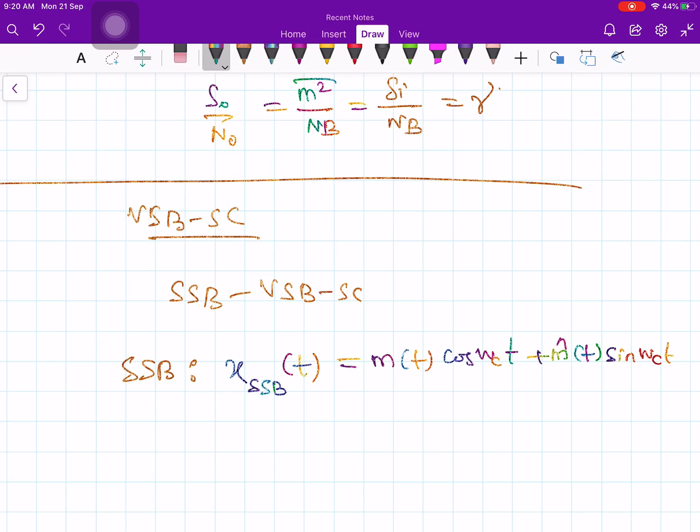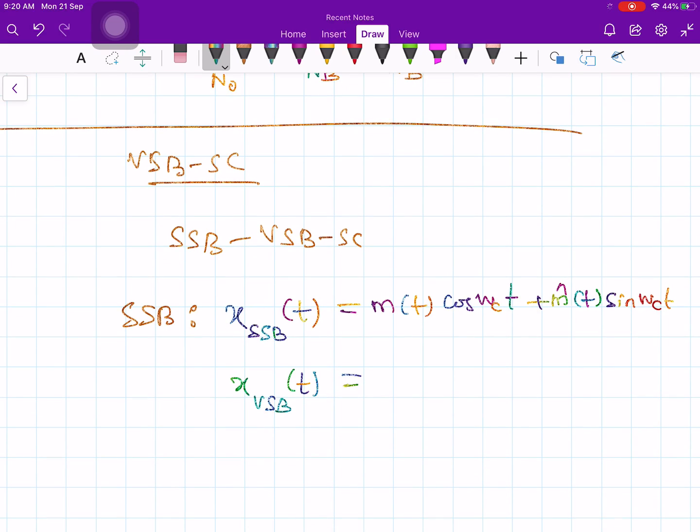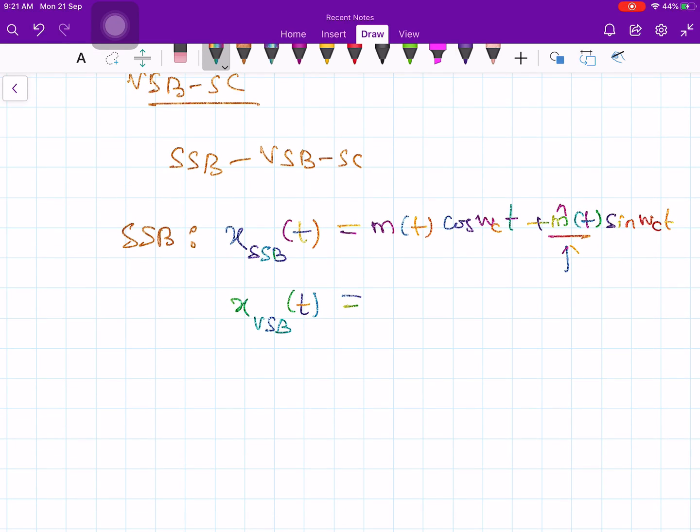Similar kind of expression you will get for vestigial sideband modulation also, except that this m cap of t is no longer the Hilbert transform. This m cap of t is a signal obtained by passing m of t through an appropriate filter, what you call the VSB filter. However, the details are a little complicated, but not too much.